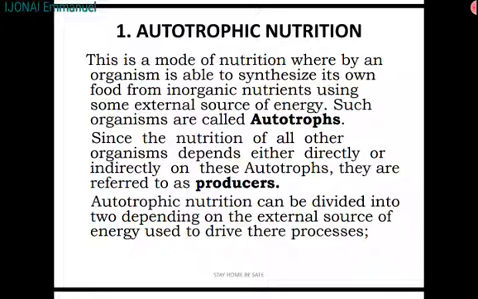Organisms that perform autotrophic nutrition are called autotrophs. Autotrophs perform autotrophic nutrition. Now, since the nutrition of all other organisms depends either directly or indirectly on these autotrophs, they are referred to as producers.